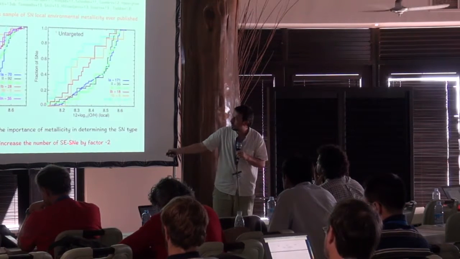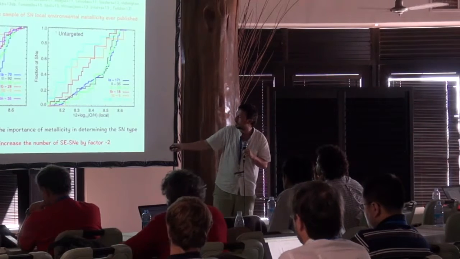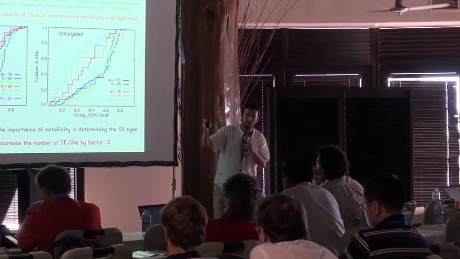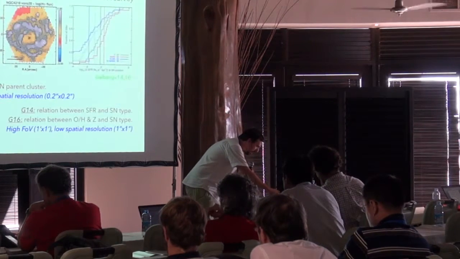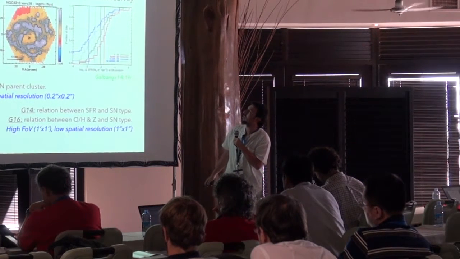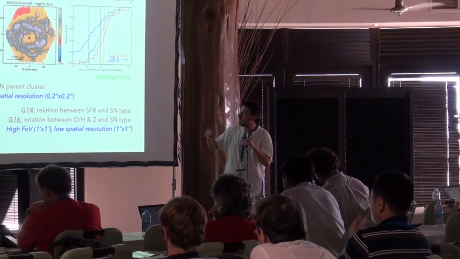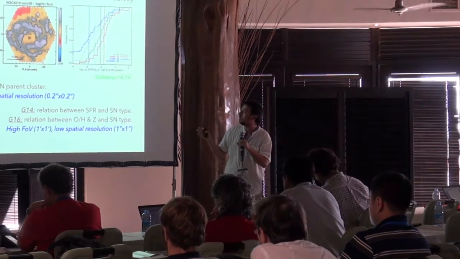I didn't say that we are currently working on increasing the sample size by a factor of 2 with new observations that are not part of the Calar Alto IFS studies I presented. Those had a large field of view but low spatial resolution.